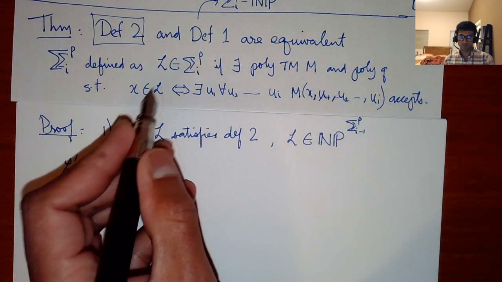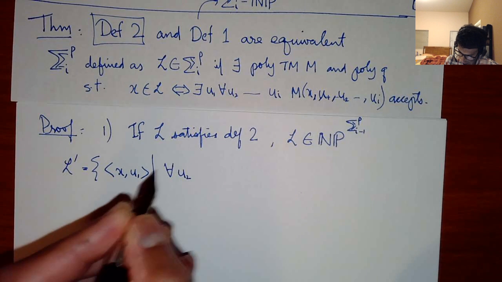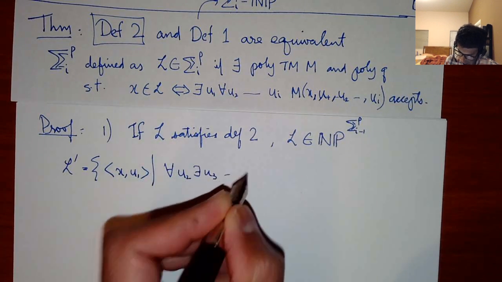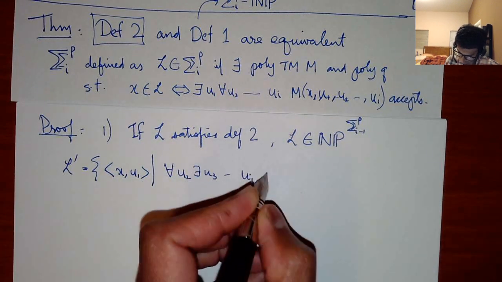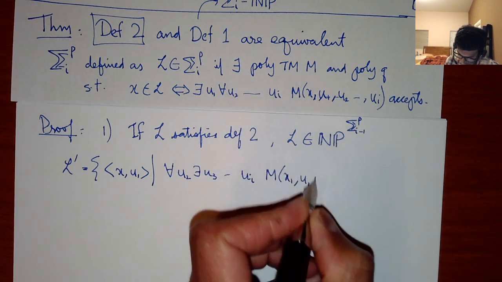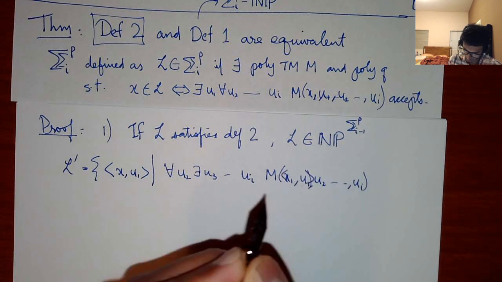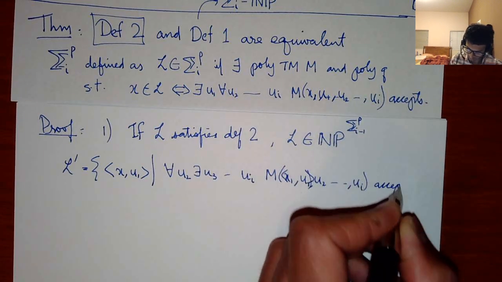So we take this and we shift it there, such that for all u2 there exists u3 up to ui, such that M(x, u1, u2, ..., ui) accepts.